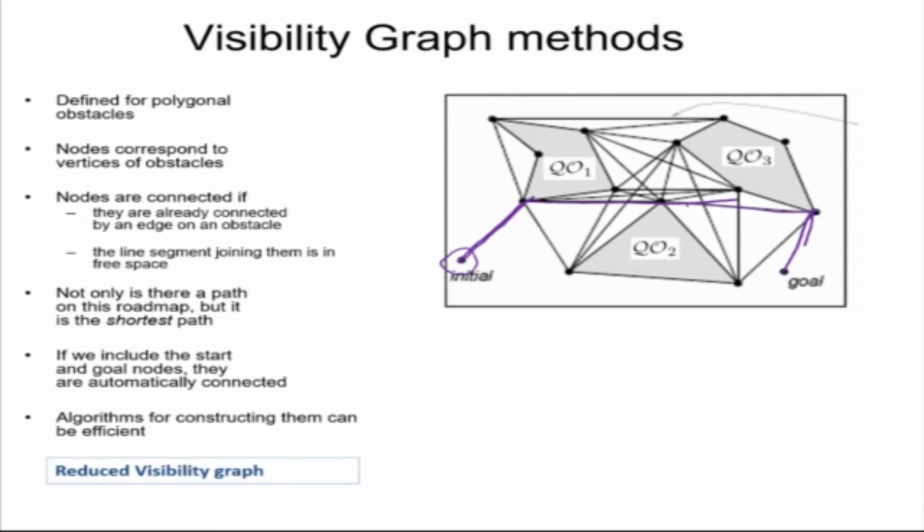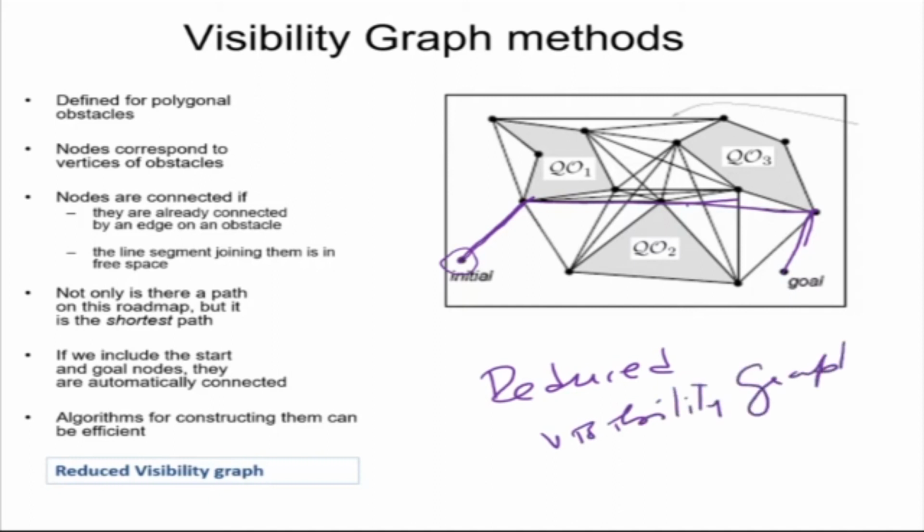Okay, now visibility graph also has a reduced visibility graph, something we looked at in the last class. So reduced visibility graph. In this reduced visibility graph, we basically remove the edges which are there in the concave parts to make it faster. Okay, so for this please refer to the previous lecture.